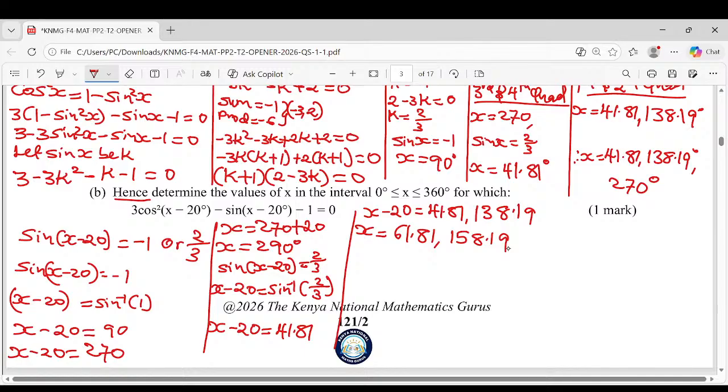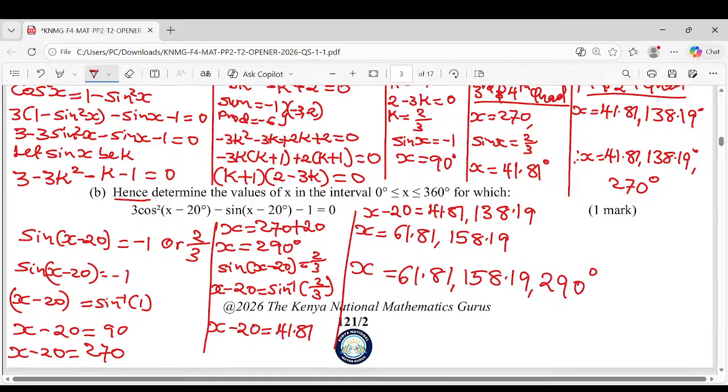That means the values for x are now going to be 61.81, 158.19, and 290 degrees. A very wonderful question once again.